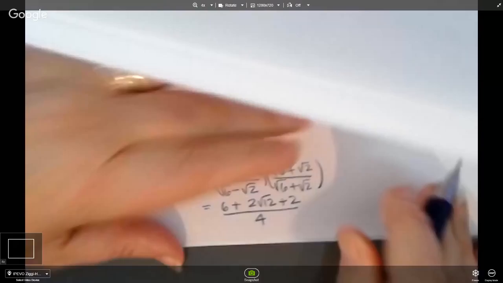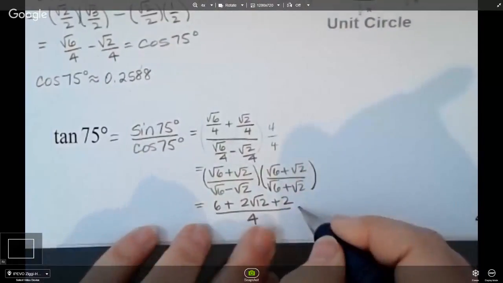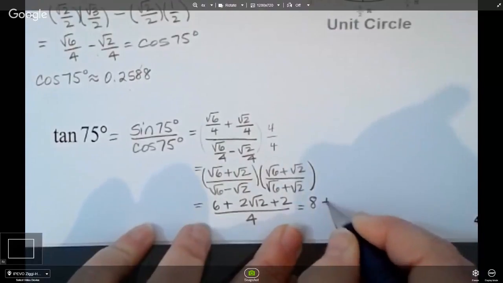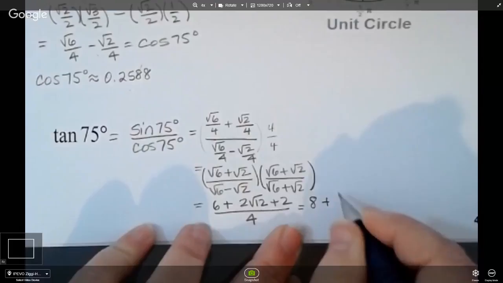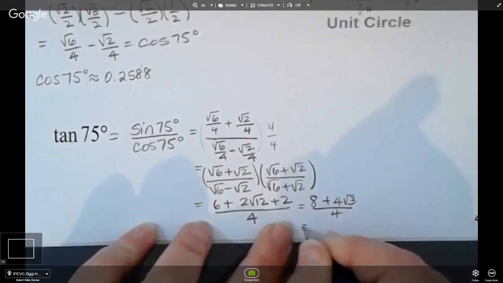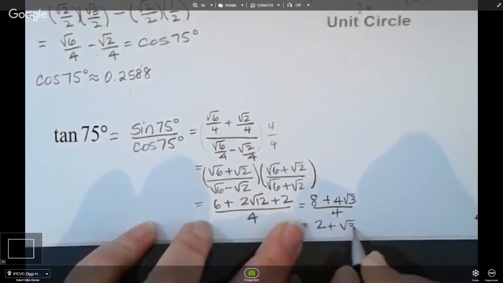All right, so that expression is going to equal 8 plus, and I can take a 2 from under the root here, and we get 2 times 2, which is 4 root 3 over 4. And this is going to be equal to 2 plus the square root of 3.